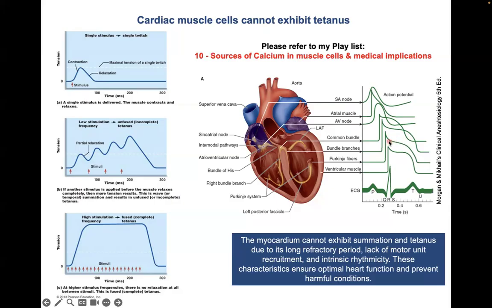It's impossible to trigger the next action potential if it lands here. I have a summary here for you. The myocardium cannot exhibit summation or tetanus due to its long refractory period, lack of motor unit recruitment, and intrinsic rhythmicity. These characteristics ensure optimal heart function and prevent harmful conditions. This too I'll discuss in detail in a separate part.